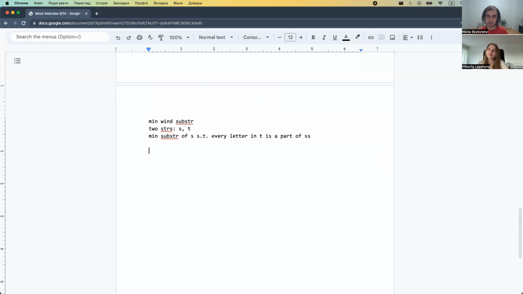All right, so I have a couple of clarifying questions. A window substring just means any substring of consecutive characters, right? Yes. And you said including duplicates, so I think it will be easier to ask on an example. Let's say S is ABBACBA, and T is ABBA.